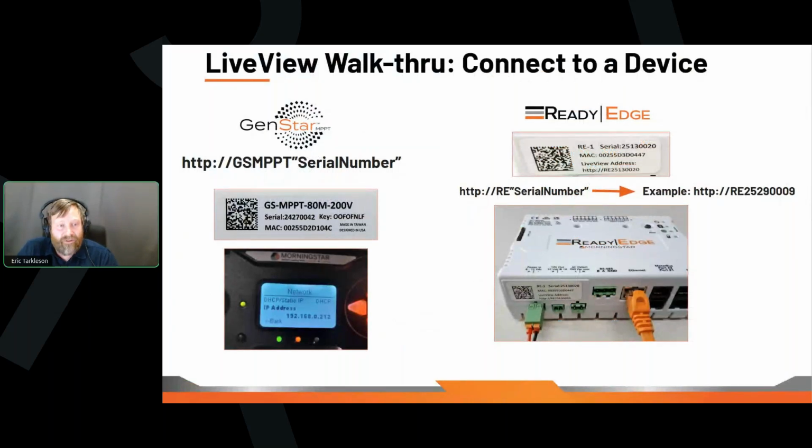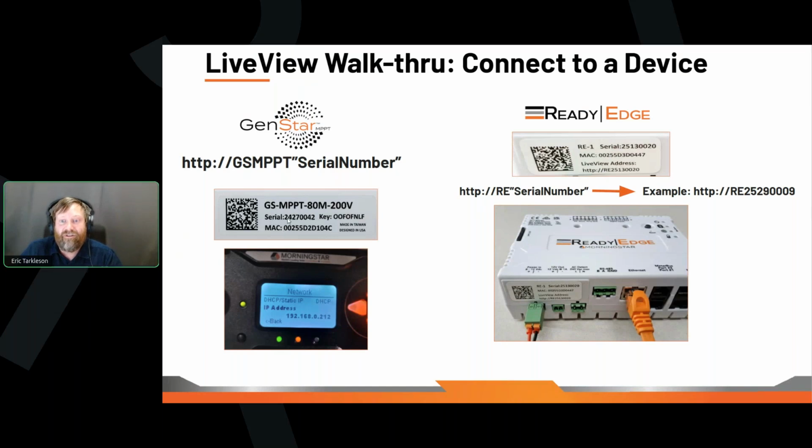So to get to LiveView, our computer or computing device needs to be connected to the same local network as the GenStar ReadyEdge. And to access the GenStar, you can always use the device address, http://GSMPPT, and then insert the serial number, which is located on the side of the device on these stickers with the QR code.